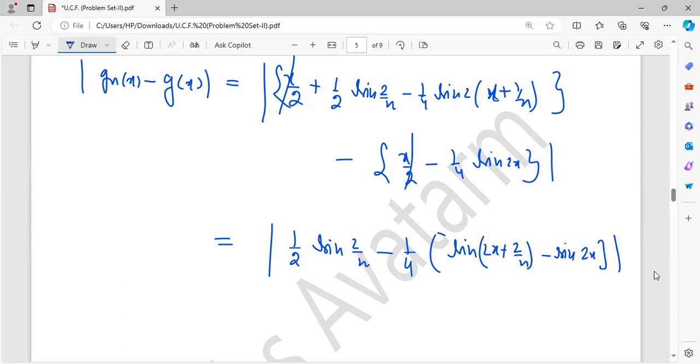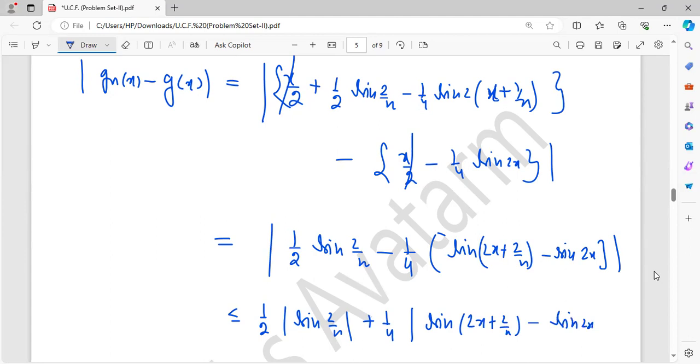Okay, now I can write it like that: 2 upon n, 1 by 4 sine 2x plus 2 by n minus sine 2x.